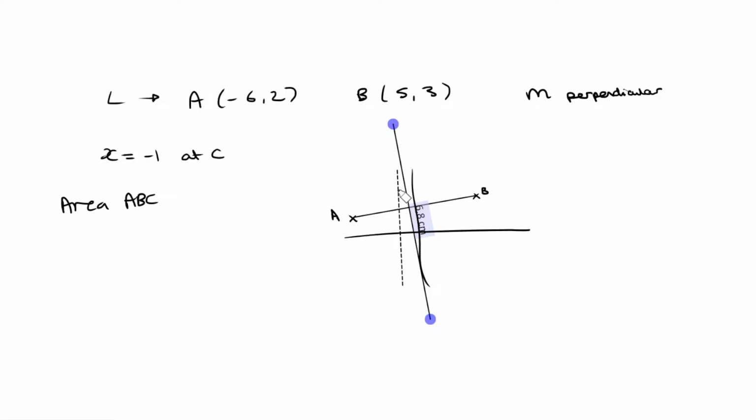This is obviously an estimate, just so I can get an idea. Extend this one here. So that's C up there. So triangle ABC is this. That's kind of my estimate of what we're looking at.